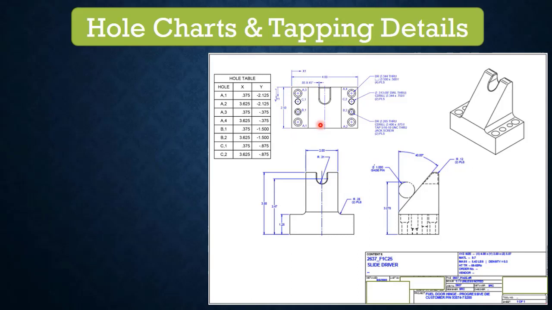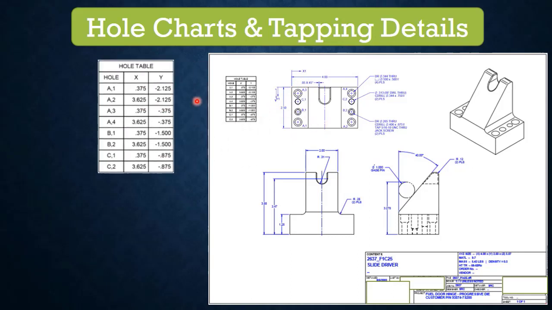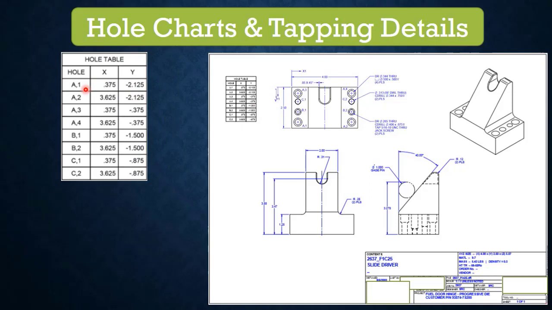So to make it easy, we create a small table, and we name the hole positions A1, A2, A3, A4 and B1, B2, C1, C2 depending on the hole design. The codification is given, and then you can see in a simple form x and y coordinates given for each hole. So a normal milling operator with the setup can make the drillings as per the axis given easily. If we don't give this, the drawing may look difficult to read, and there is a chance of error by the milling operator.